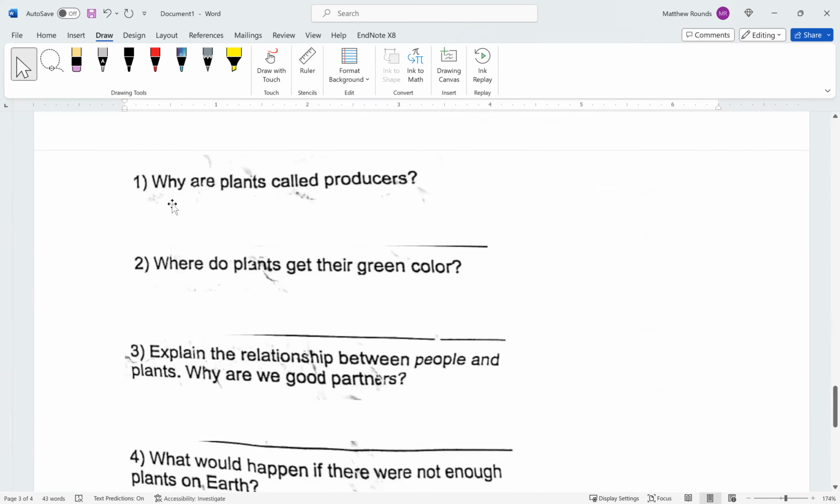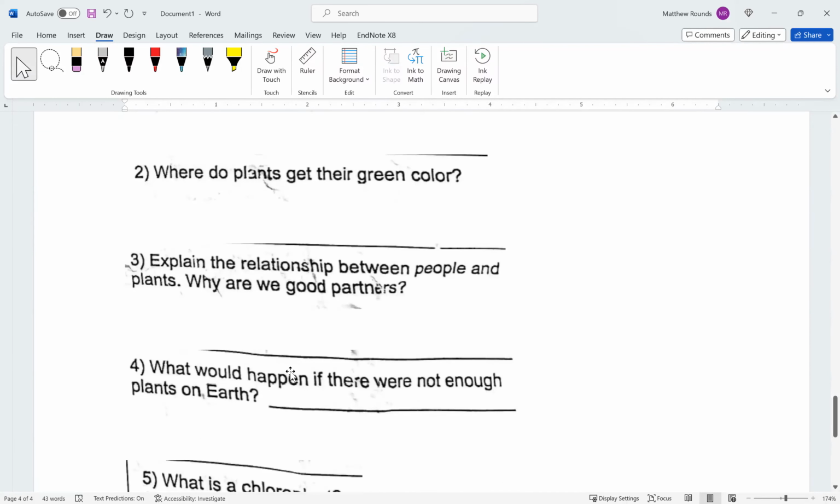I want you to read question number 1 for us, please. Why are plants called producers? Question number 2, where do plants get their green color? Could you read question 3? Explain the relationship between people and plants. Why are we good partners?